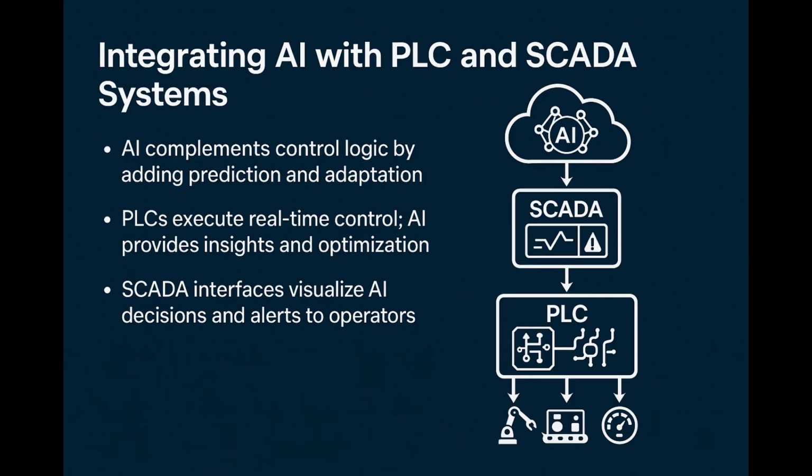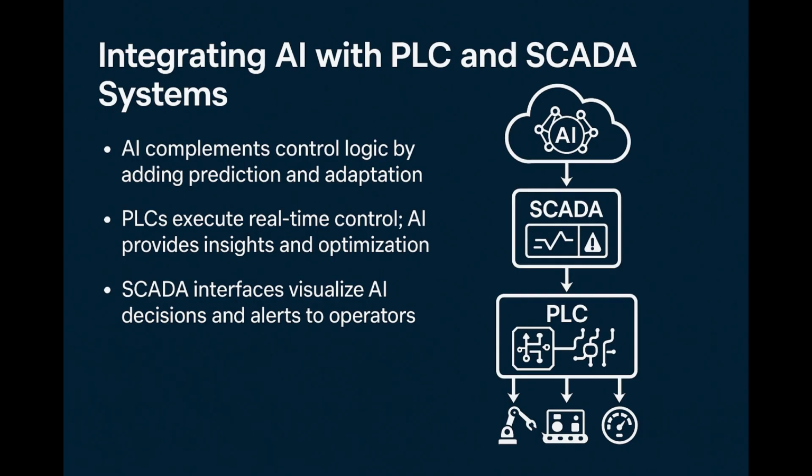Integrating AI into industrial environments doesn't mean replacing your existing control systems, it means enhancing them. At the core of most factories are PLCs handling fast, deterministic control tasks and SCADA systems providing supervisory control and monitoring. AI sits on top of these layers, offering insights that were previously invisible.